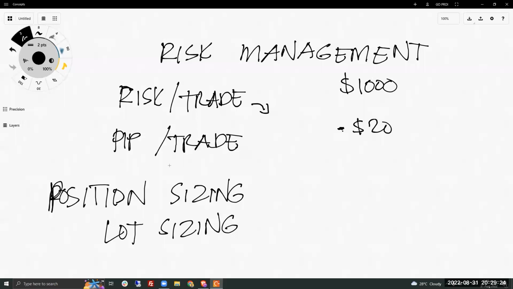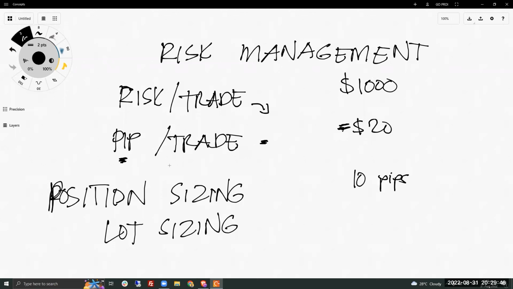For example, if you're willing to risk 2%, which is $20 on that trade. Let's say you open a buy or sell on a particular currency pair. So you're willing to risk only $20 for that trade. And your strategy says that your stop loss for that particular trade is only 10 pips.